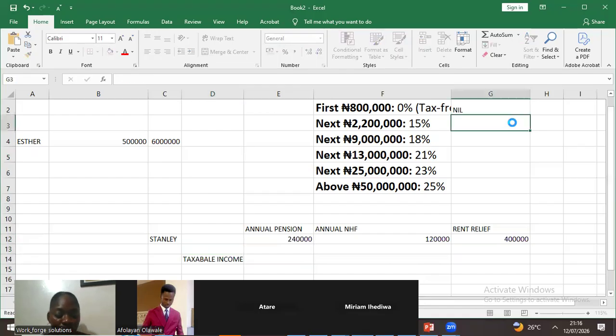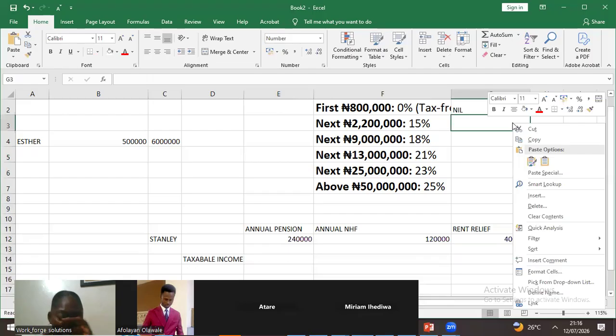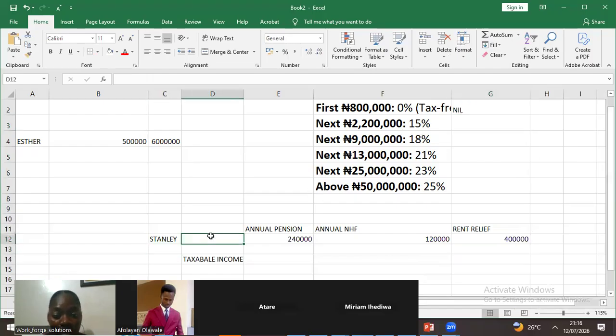All right, so let me use a smaller figure. Let's say the employee's gross is 500. Let me use 300,000. No, I want to use something bigger. Let's use 700,000 monthly. Okay.